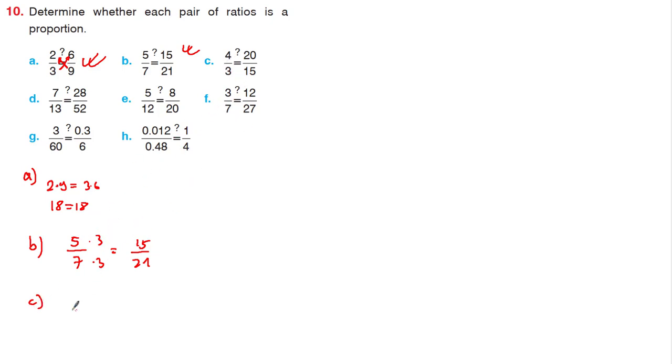Under C, let's solve it in a different way. Here, under C, you get 4 over 3. If I multiply 4 by 5, then of course I need to multiply the denominator by the same 5. I can't multiply by different numbers. I get 20 over 15. So this is also a proportion. Under D, I get 7 over 13 is equal to 28 over 52.